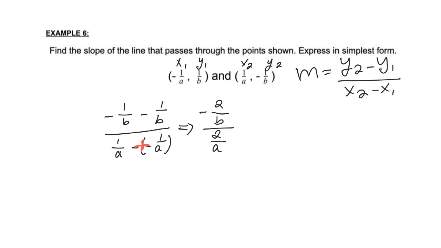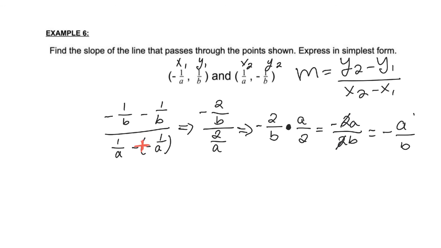So instead of dividing negative 2 over b by 2 over a, we change it to multiplying by the reciprocal. So negative 2 over b times the reciprocal of 2 over a. So we flip the numerator and denominator, and it becomes a over 2. So now we just multiply: negative 2a over 2b. We can cancel out the 2's. So we're just left with negative a over b as our solution.